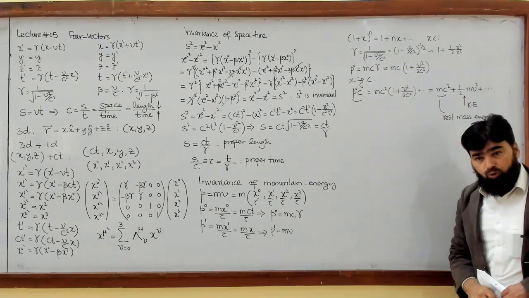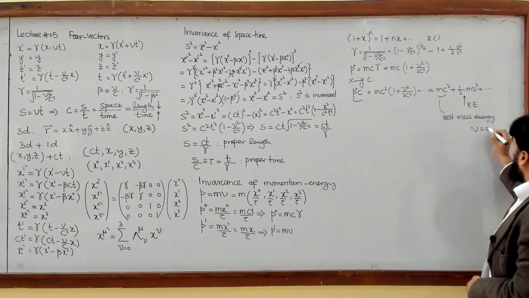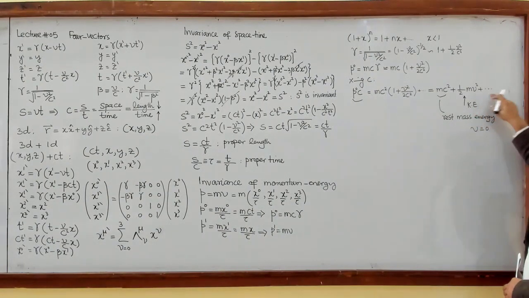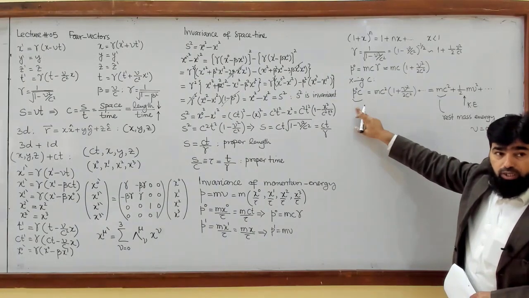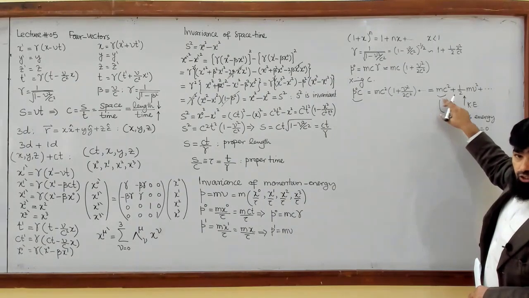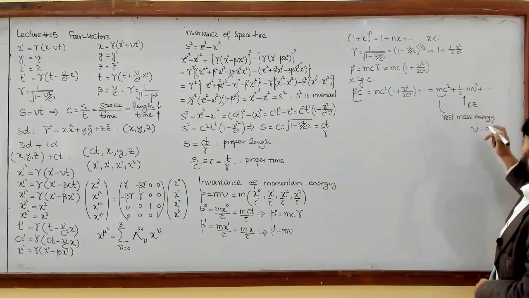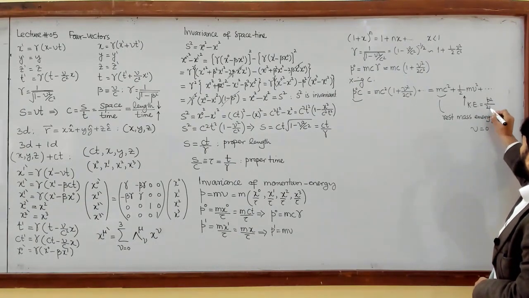So if v is equal to 0, then kinetic energy is equal to 0 and all the rest of the terms are equal to 0. But yet in the four-dimensional vector we came to know that there is energy which is independent of momentum. Like the kinetic energy is half mv squared, or we can write this as p squared over 2m.